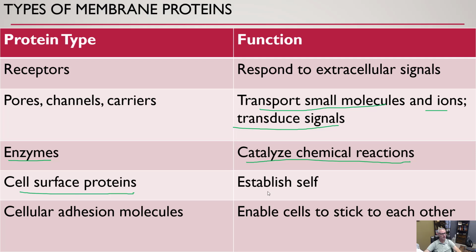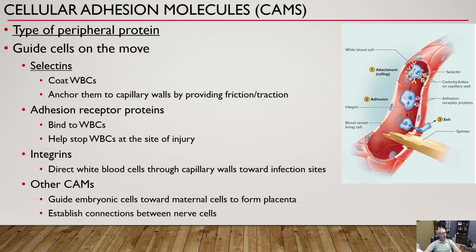Cell surface proteins are going to establish the cell. And I said that later on we'll talk about cellular adhesion molecules. As the name implies, they enable the cells to stick to one another. All right, so cellular adhesion molecules. We also call them CAMs.